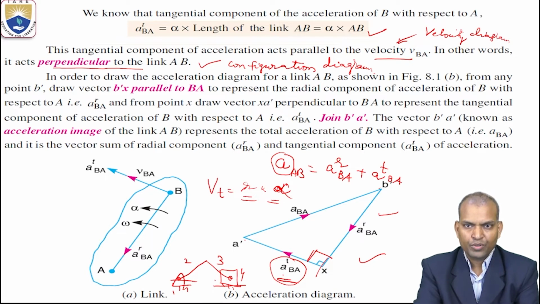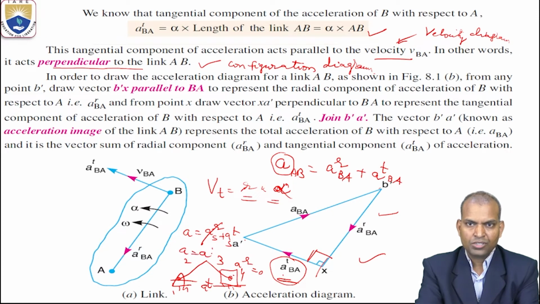It is under purely reciprocatory motion. So for this link you may have a tangential component of acceleration, but there is no radial component of acceleration for link 4, the slider. So the radial component equals 0.